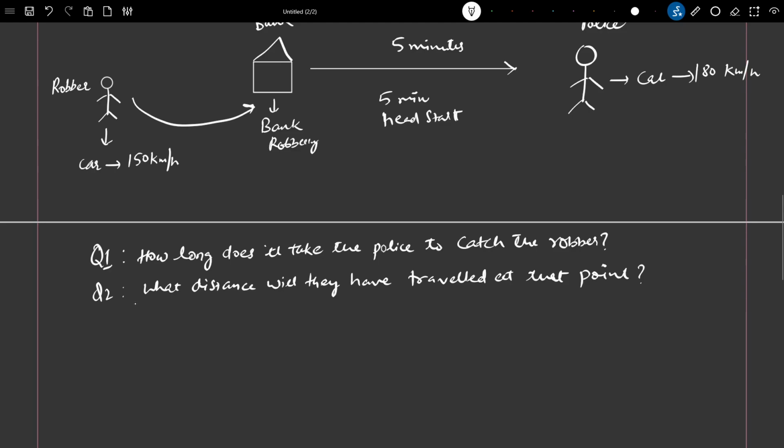So, if you want to try, you can pause this video, and otherwise, we are going to see the solution to this particular problem. Okay. So now this problem can be approached by solving the system of equations algebraically. So let's look into that.